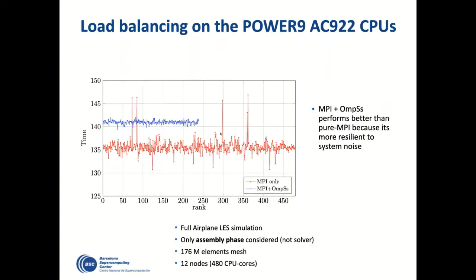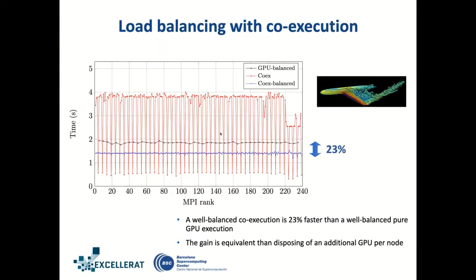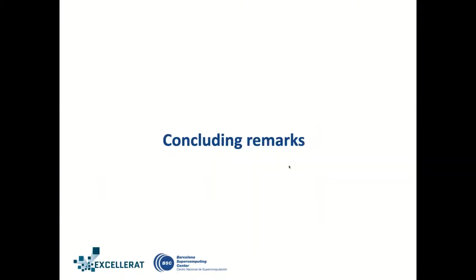So this is again the conclusion that we got with this infrastructure, that we could get a relevant speedup by doing co-execution. Well, that's all. This is a complementary mechanism to the node level strategies that Marta has shown.